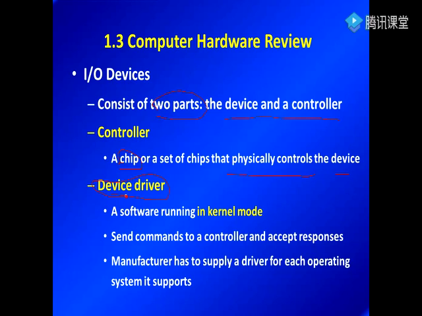But it cannot work if there is no suitable software to control it, to send the commands in a specific format. So the manufacturer of the devices should be responsible to design a special software called driver for each kind of operating system it supports.